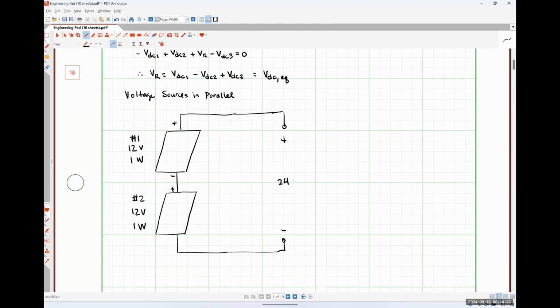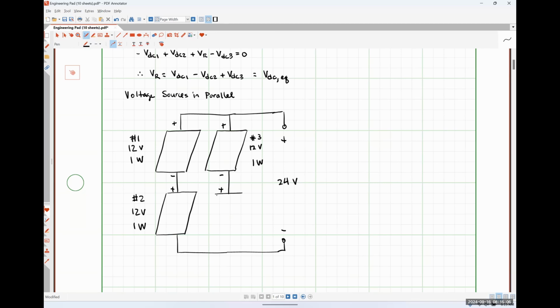So we would wire these solar panels in series to boost the voltage in the system. But we might also add a string of parallel connected solar panels, like so. Here's number 3, also rated for 12 volts and 1 watt, with positive polarity terminal and negative polarity terminal.